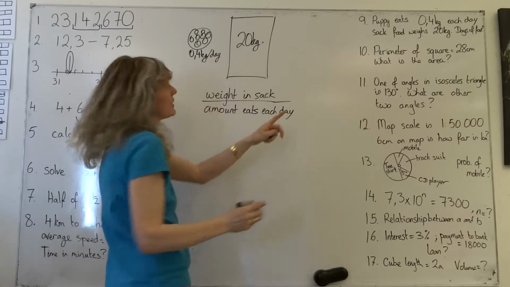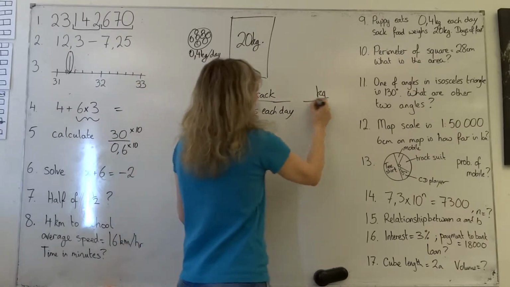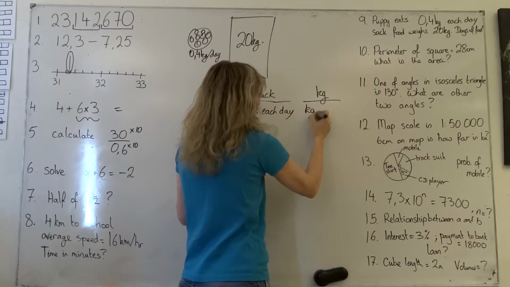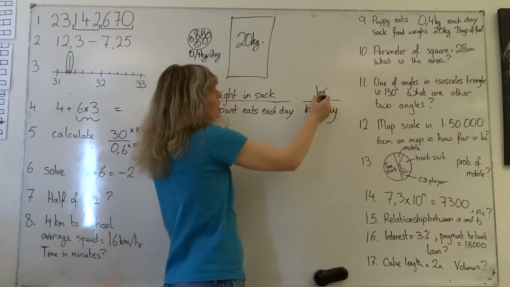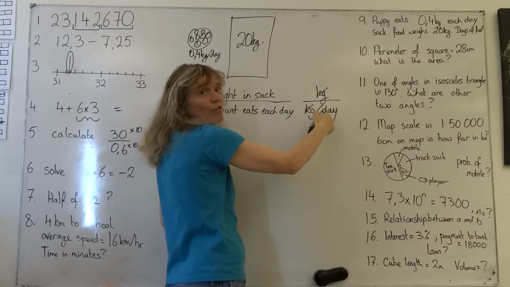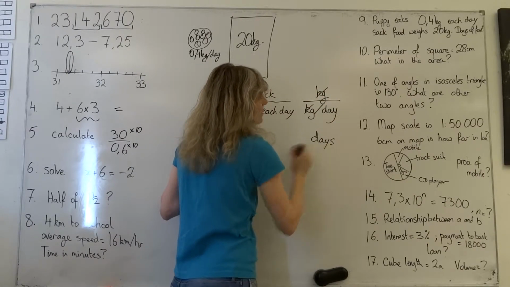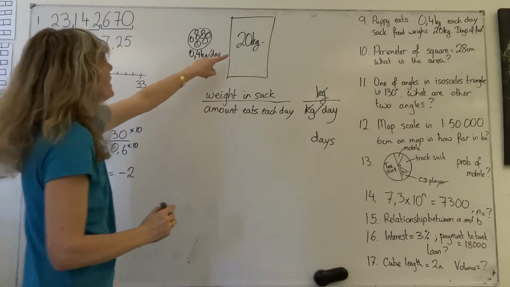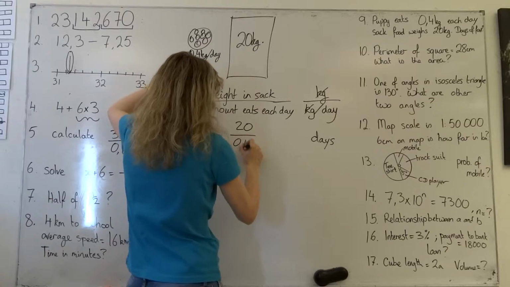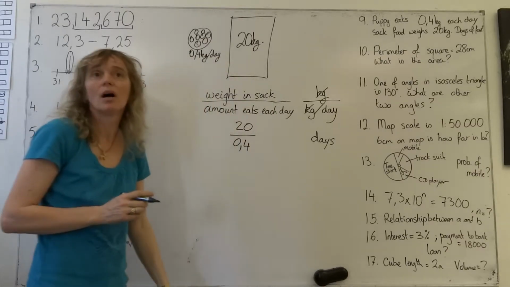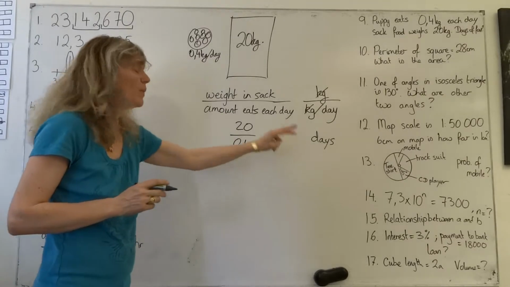and we look at the units here, the weight in the sack is kilograms. The amount he eats each day is kilograms per day. What happens with kilograms? They cancel. We get 1 over day, which means we get an answer in days directly. So if we take 20 and divide it by 0.4, we'll get the amount of days that the food will last.